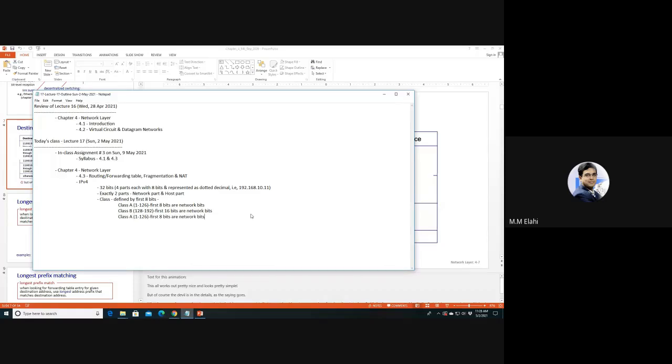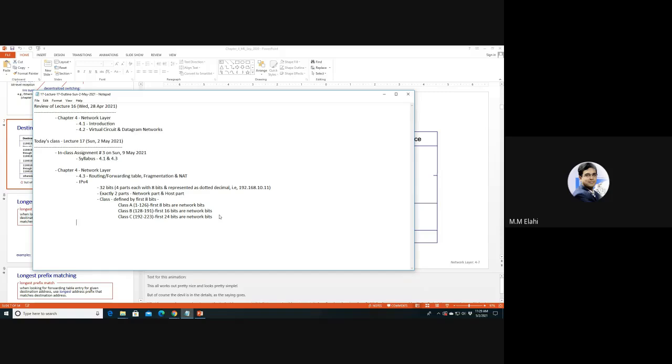So class C will start from 192, the previous one being 191. So 192 to 223. The first 24 bits are network bits by default.